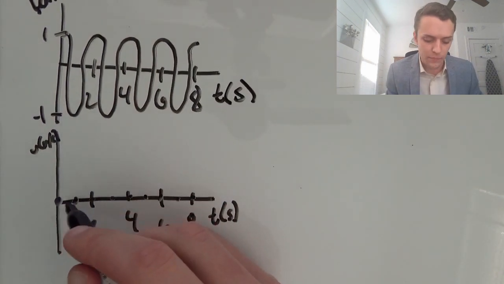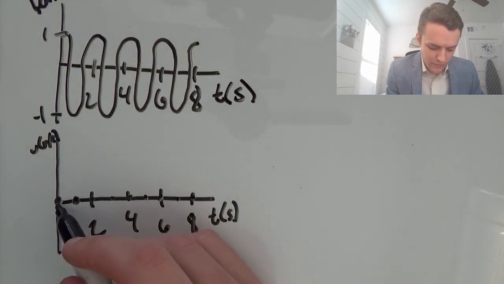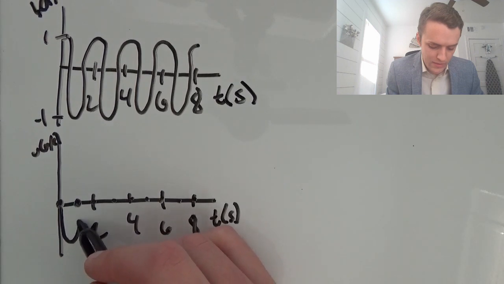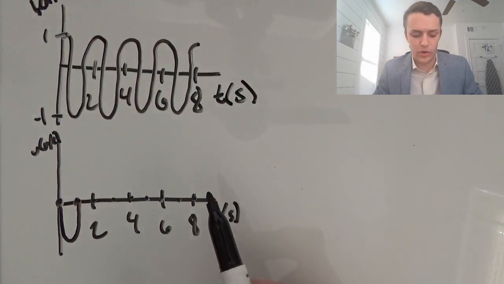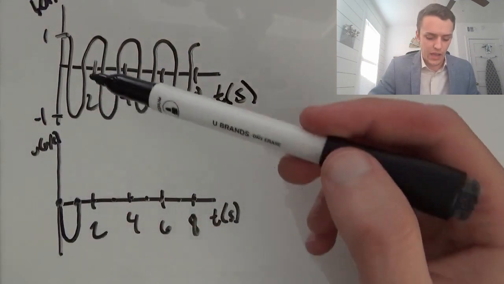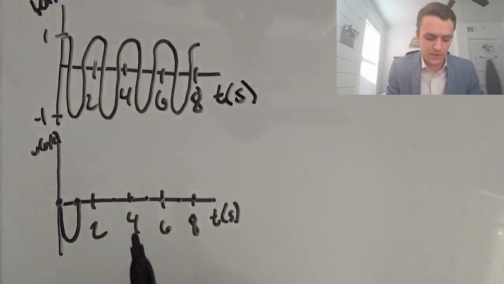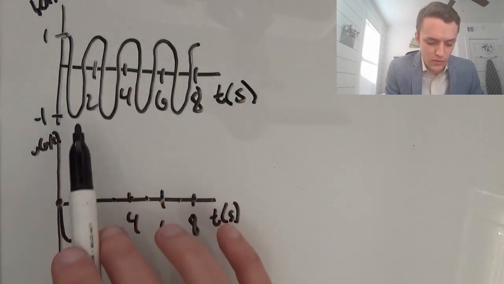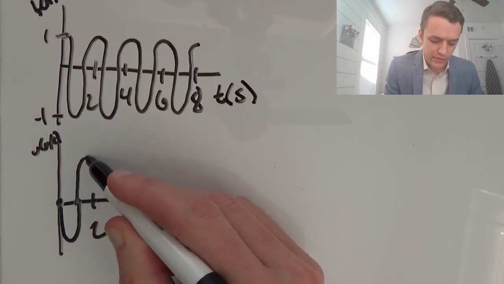And then at 1 is where we hit 0 again. So we have to be in the negative direction here, and then we hit 0 again. We're at -1 position at 1 second, and that's where it flips and starts going back towards the positive direction. So from 1 to 2, it's going towards the positive direction, so it needs to be a positive velocity.